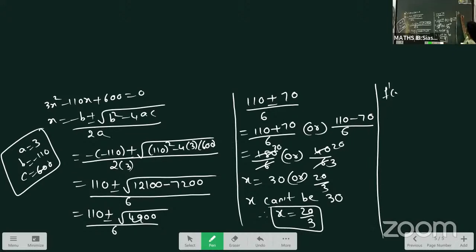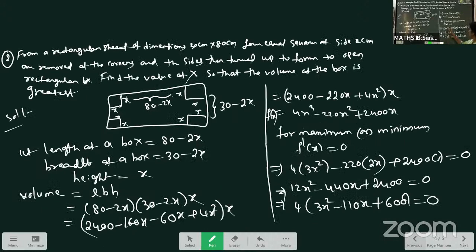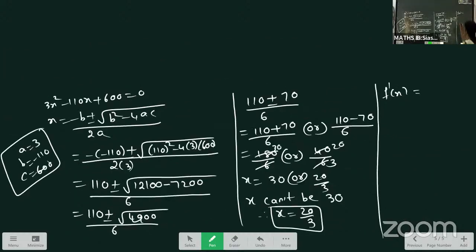f dash x is equal to what we have? f dash x is equal to, we got 3x square minus 110x plus 600. So this is f dash x, right? So now differentiate this. So f dash x is 3x square minus 110x plus 600.